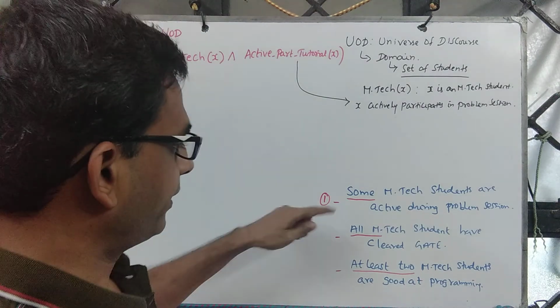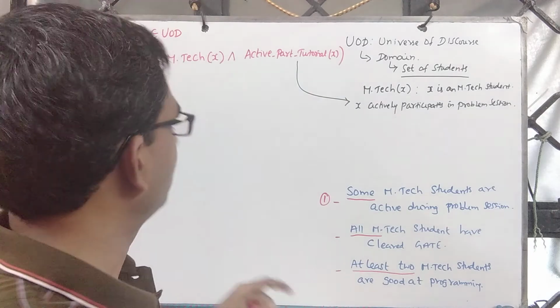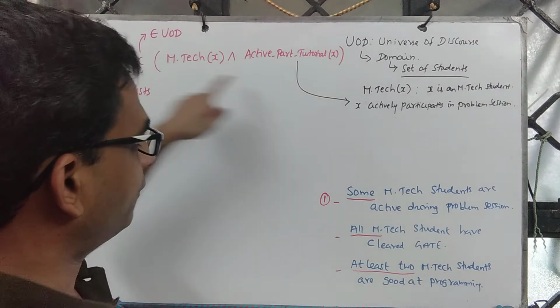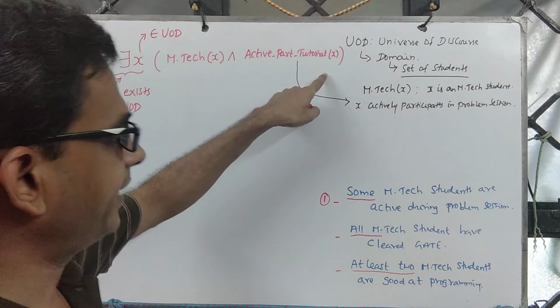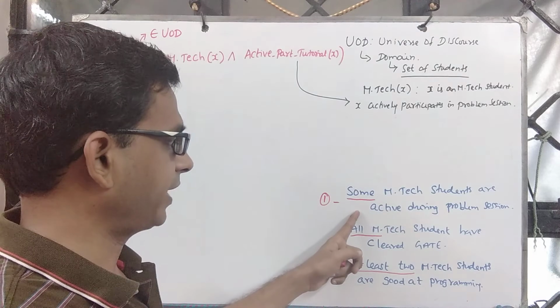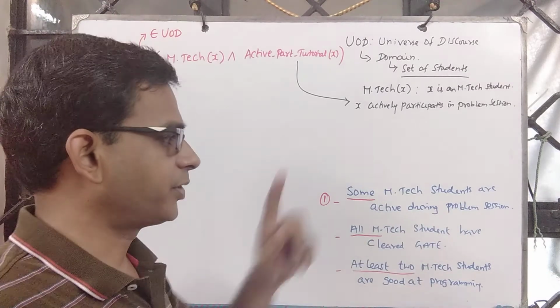So if you define appropriate predicate and UOD, our job is done. So this is the formal way of writing or the predicate logic for the given statement. Some MTech students are active during problem session.